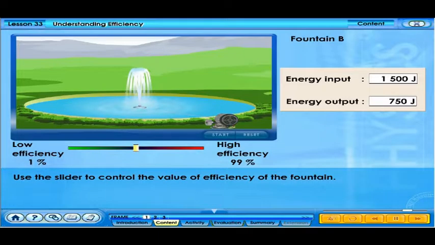Let's further understand about the efficiency of the motor that controls the water fountain. Use the slider to control the efficiency of the fountain to see how the efficiency affects the performance of a device.